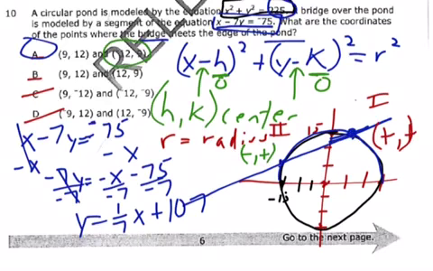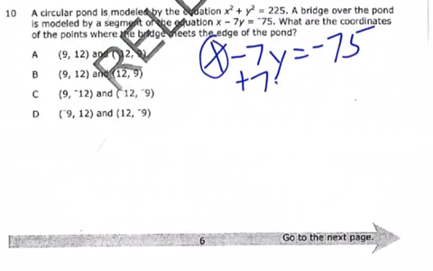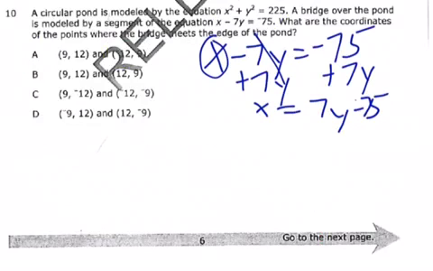But let's look at it from one other approach. What if we were to solve the first one for one of the letters? So, for instance, solve it for x. We could add 7y, and now we can do substitution. So if x equals 7y minus 75, then we could plug that x value into the second equation.